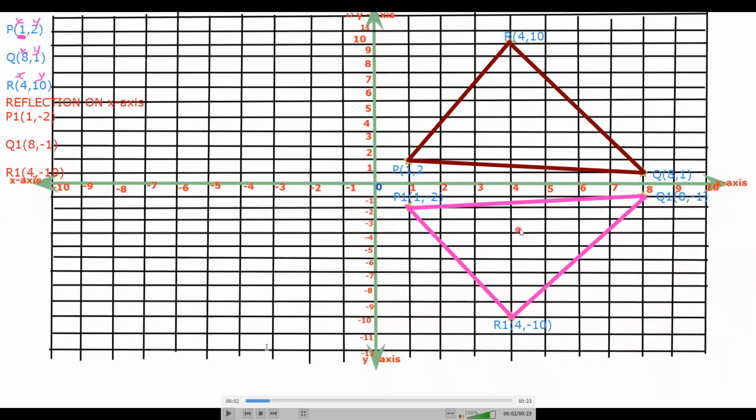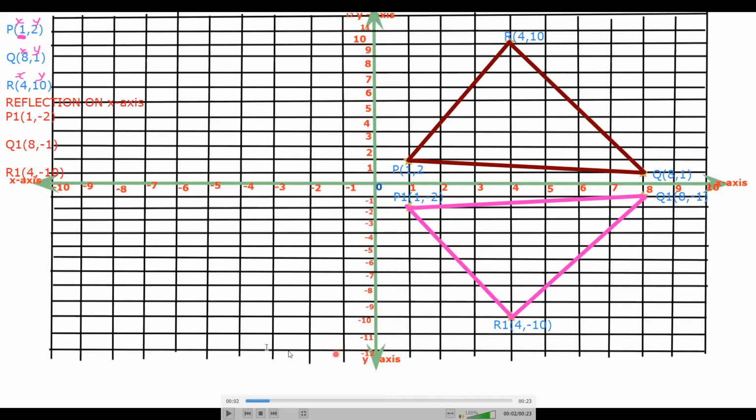And if you want to use the manual calculations, therefore, reflection on x-axis means protect all the x coordinates without touching them, but negate all the y coordinates with a negative sign. So this is how the shape will form.